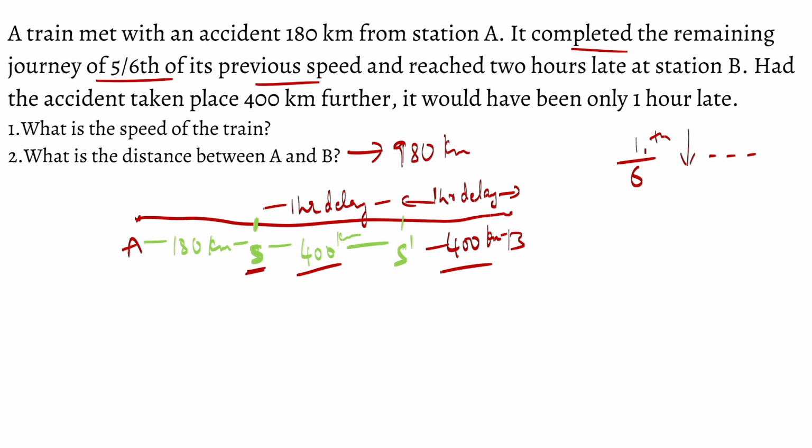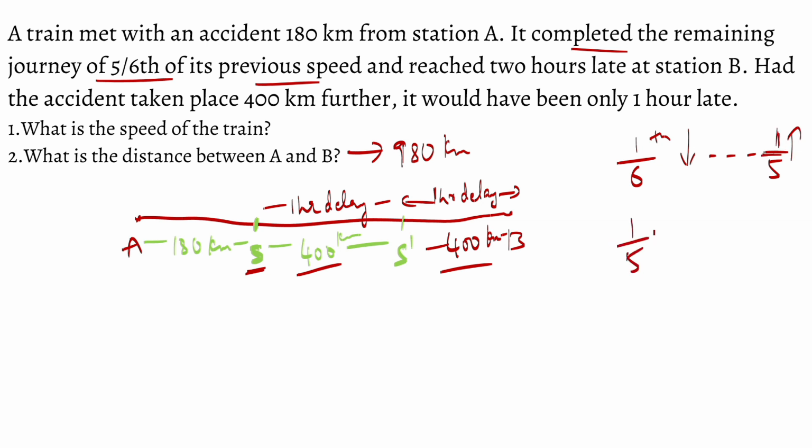To find the increased value, you must move to the left side, right? So 1 by 6, one step towards the left, that is 1 by 5. So speed is decreased by 1/6 and time is increased by 1/5.